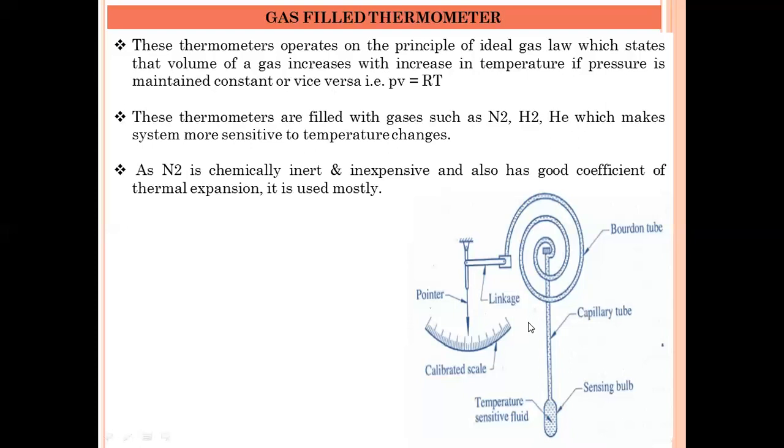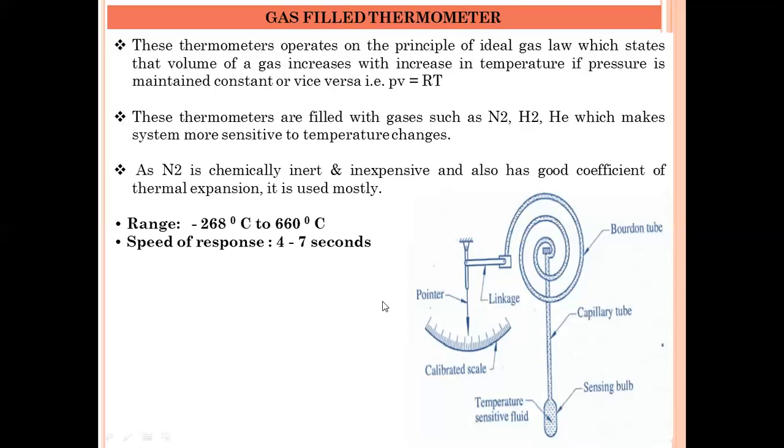Let us see a few characteristics of the gas filled thermometer. Its range is that it can measure temperature from minus 268 degrees Celsius to 660 degrees Celsius, and the speed of response is 4 to 7 seconds, so we can sense the temperature of any object or body within 4 to 7 seconds.